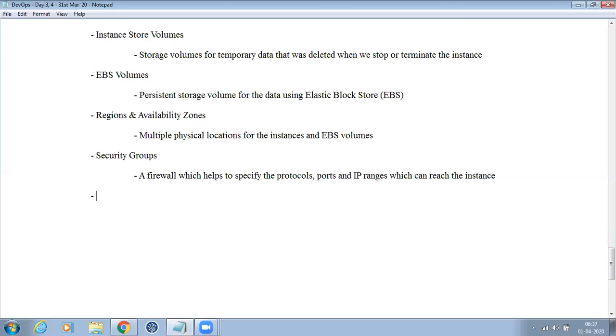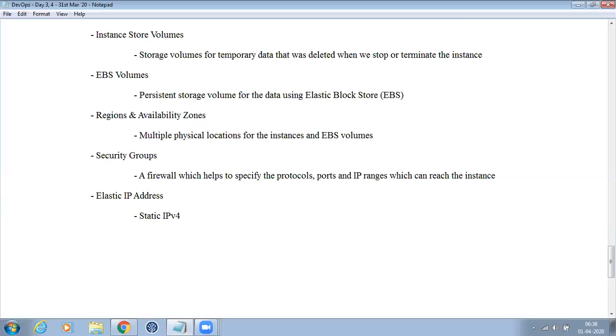Next, we have elastic IP address. What is this? Elastic IP address. It is a static IPv4.